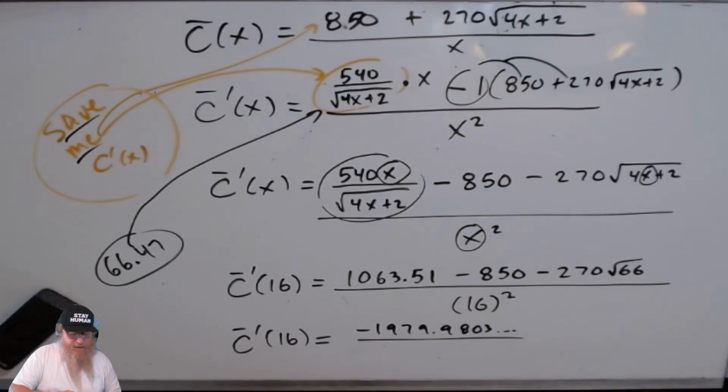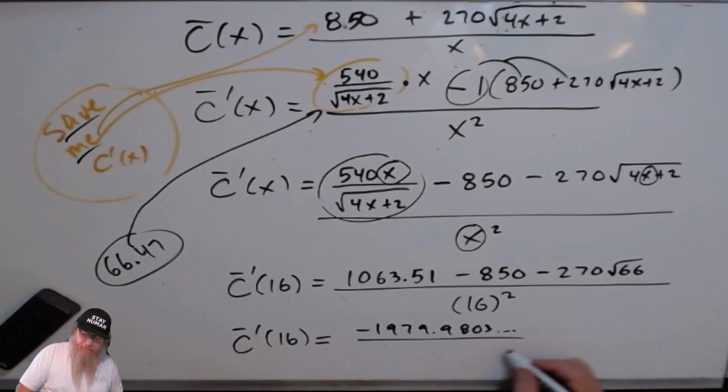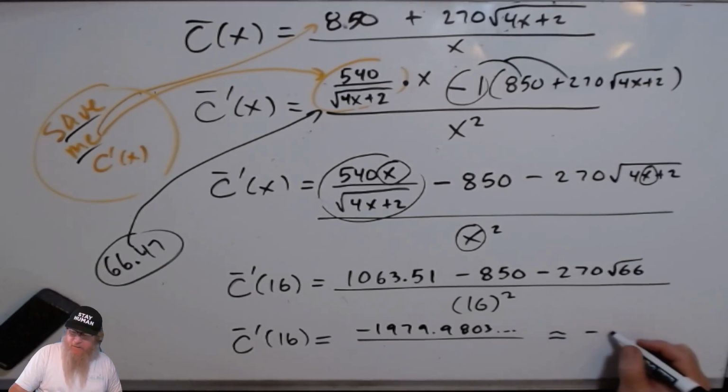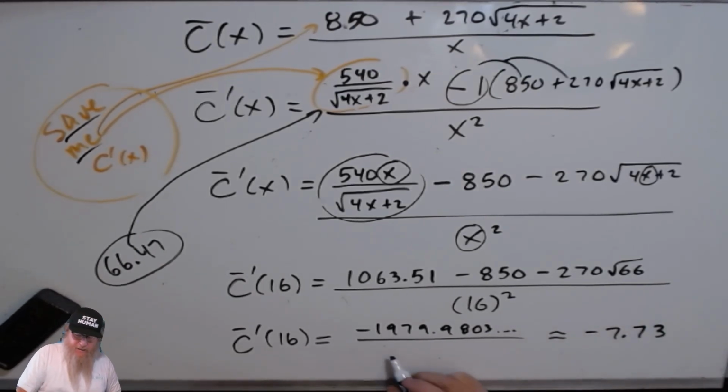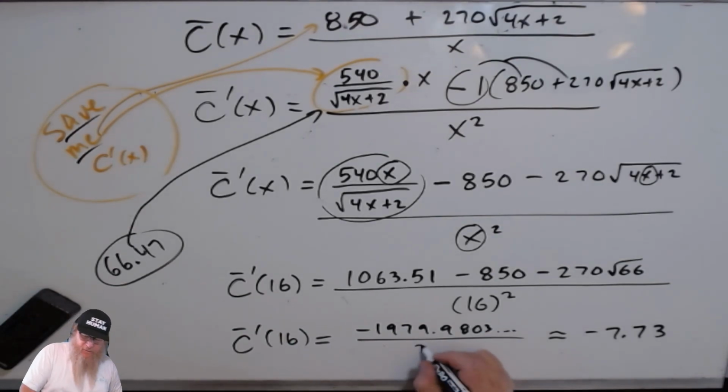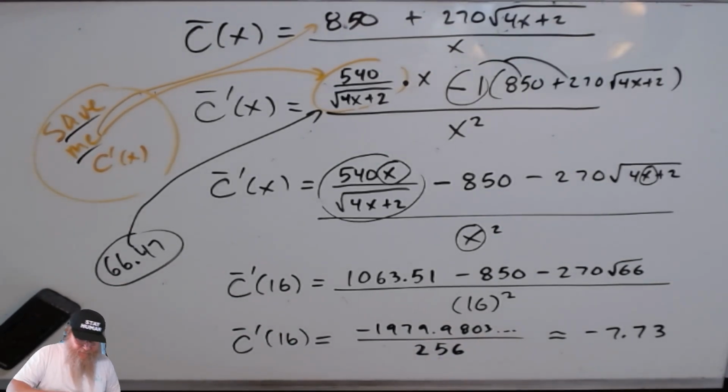And then divided by 16 squared. Negative 7.73. What is 16 squared? I should memorize that. When I was a kid, it was 256, but I always forget.